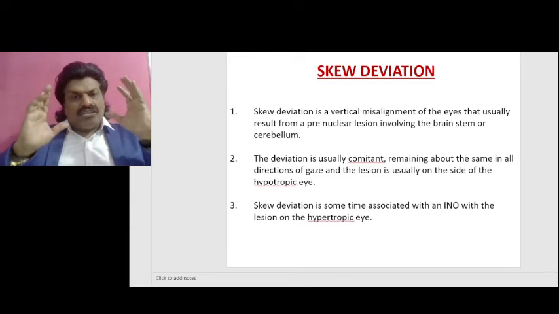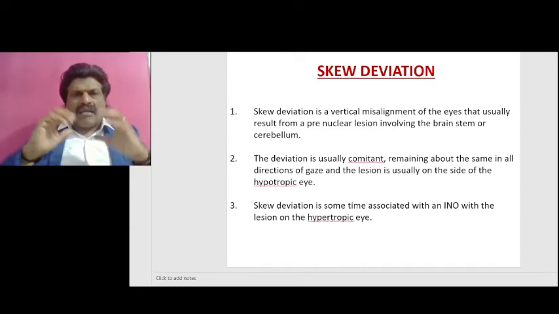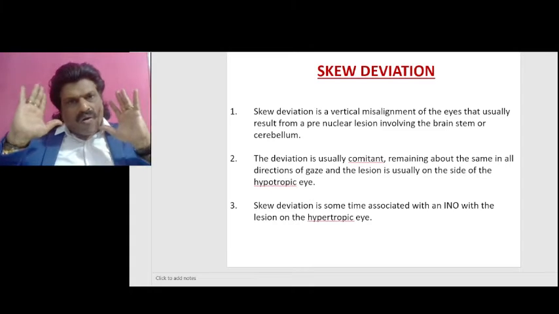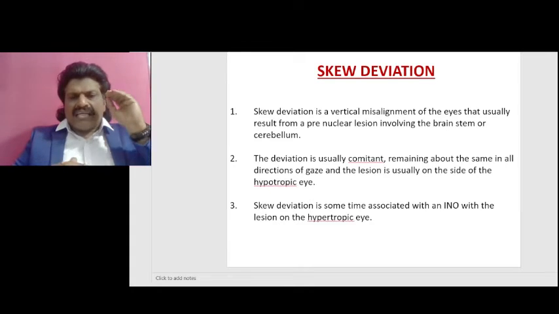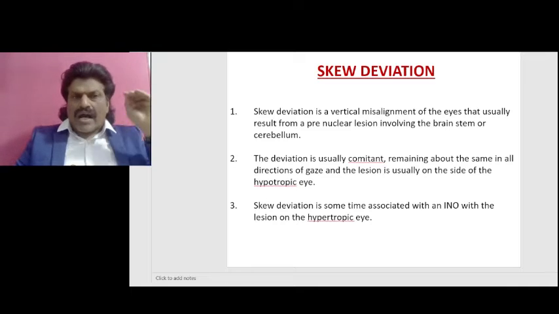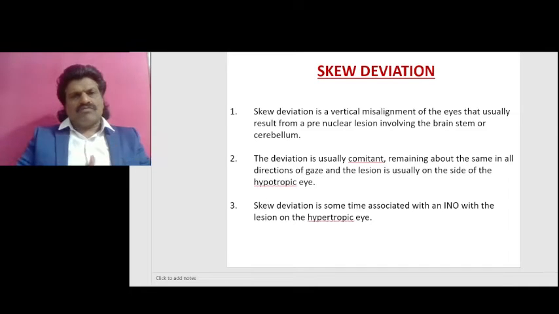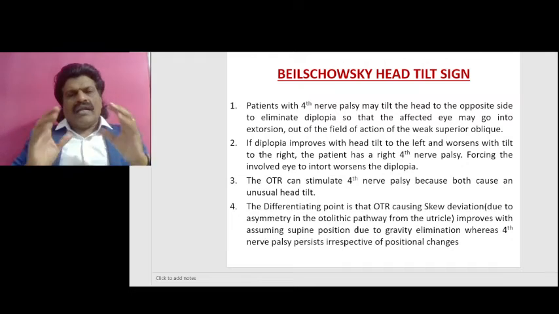The deviation is usually comitant, remaining about the same in all directions of gaze, and the lesion is usually on the side of the hypotropic eye if it is a medulla oblongata lesion. Skew deviation is sometimes associated with an INO with the lesion on the hypertropic eye, that is usually thalamic lesions. Another important sign which can be understood by this ocular otolith pathway is the Bielschowsky head tilt sign.